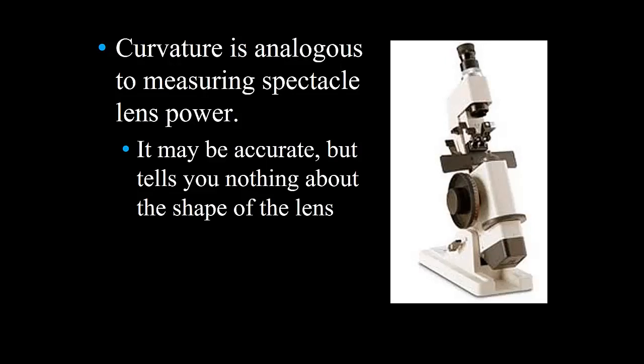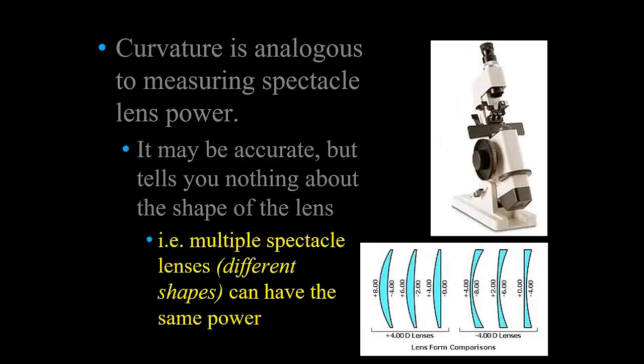Curvature, whether it's produced from a Placido, from Scheimpflug, or from OCT, has some limitations. I'd say it's almost analogous to measuring the spectacle power of a lens. It's very accurate. If I give the same lens to different people and put them in a lensometer, I'm likely to get the same reading, but it tells us absolutely nothing about the shape of the lens.